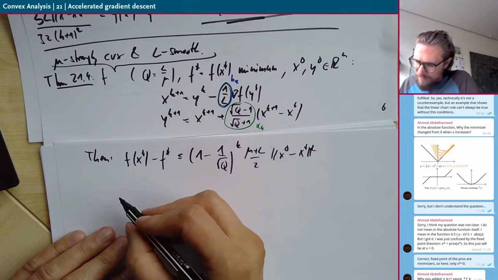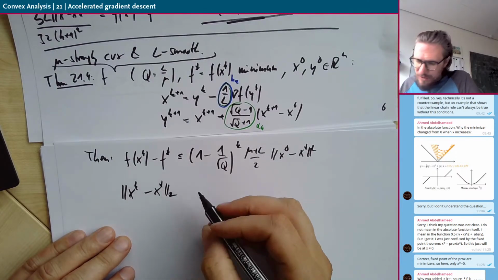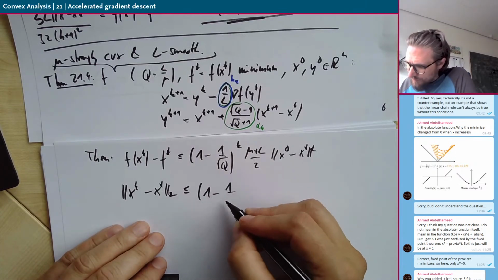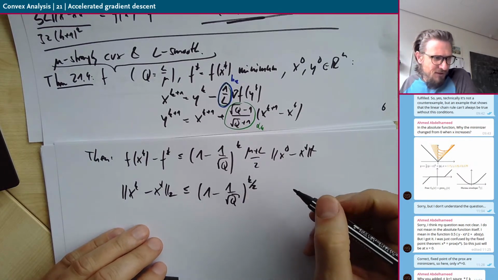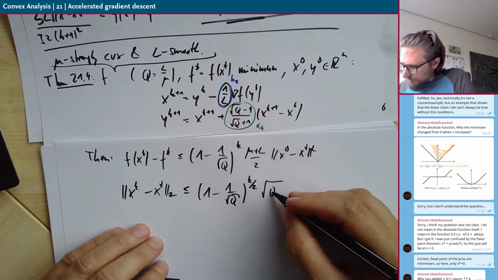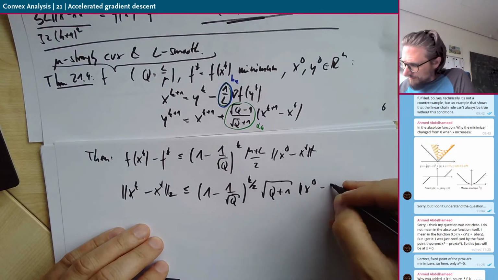And here for the norm difference squared, smaller or equal than, and this is just (1 minus 1 over square root of q) to the k over 2, unfortunately. And then we have another factor, square root of q plus 1, and here we have the initial distance.